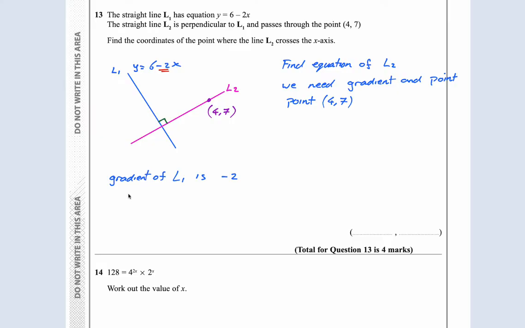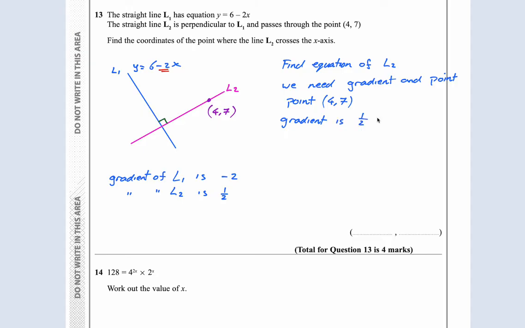Therefore, the gradient of L2 is a half. Remember, guys, we flip. That's like -2 over 1. We flip it and change the sign, so it becomes positive. So the gradient of L2 is a half. Now the point is 4, 7, and the gradient is a half.